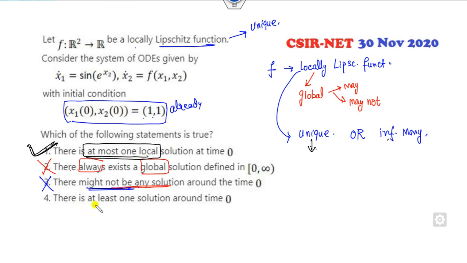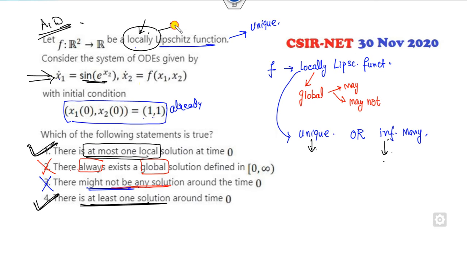And there is at least one solution. At least one solution means it has infinitely many solutions. So the right options are A and D. Remember, this is the word "local," and I think there is no need for this x2 function, because we can simply think about the concept of local and discard the options.